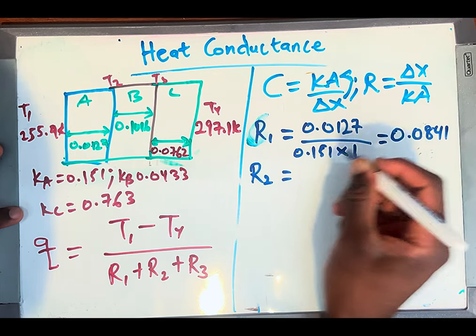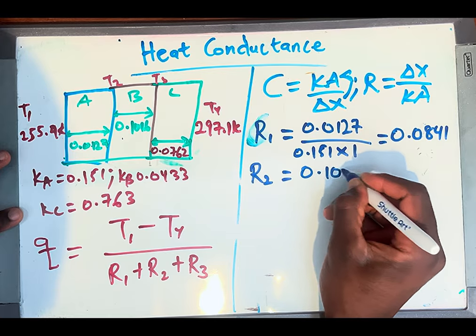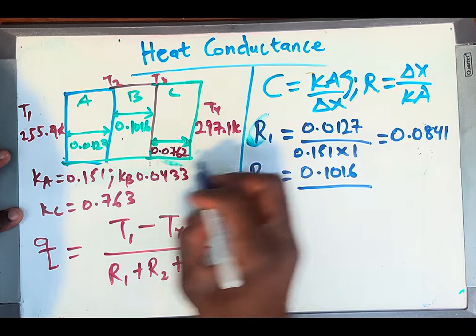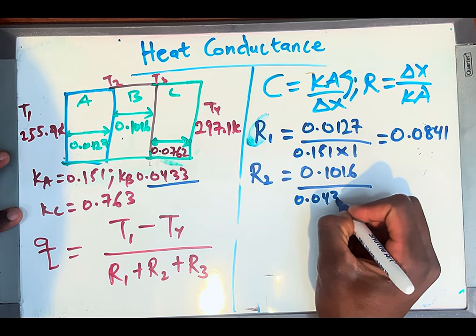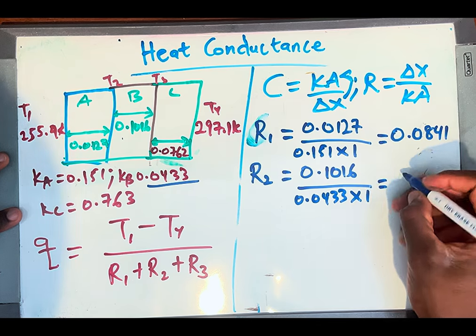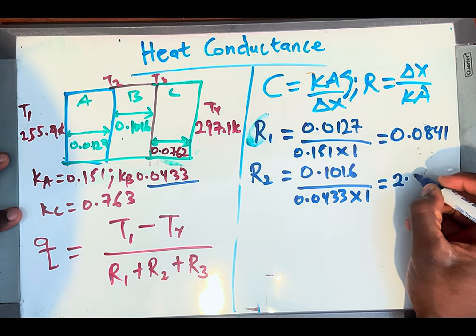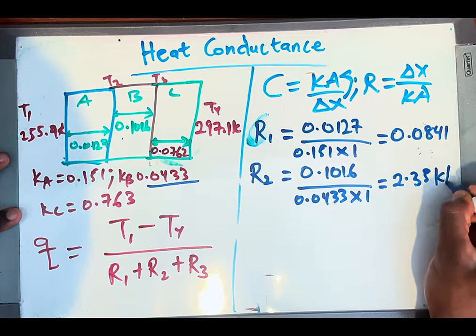This is what we will get for the first material. And then the second material will be the same: the thickness, which is 0.1016, all over its thermal conductivity, which is 0.0433, multiplying the area, which is 1. And this one will give us 2.35 Kelvin per watt.